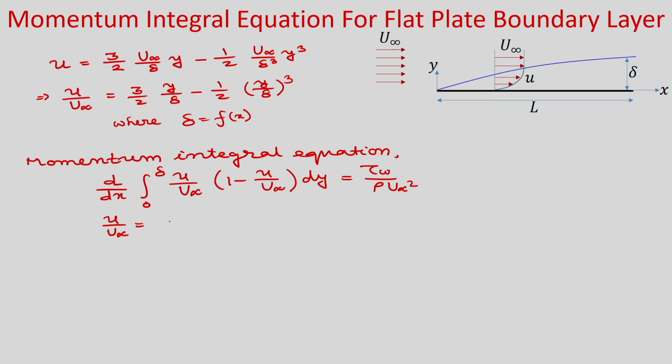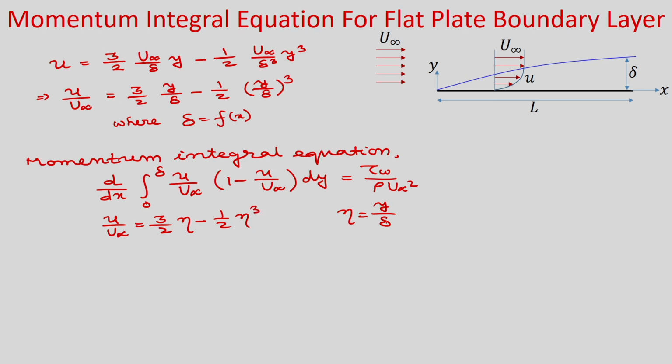eta, where we will define eta as y by delta. Okay. So, if you put eta is equal to y by delta, so you can write 3 by 2 eta minus half eta cube. Okay.